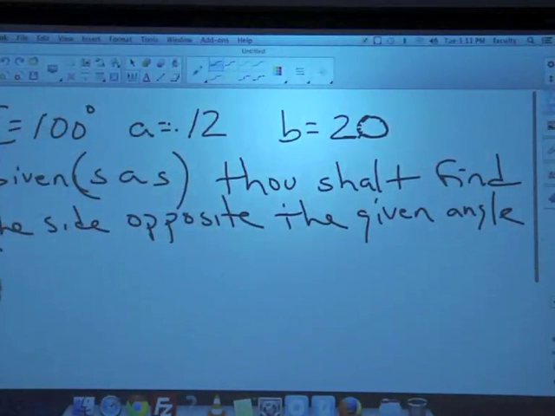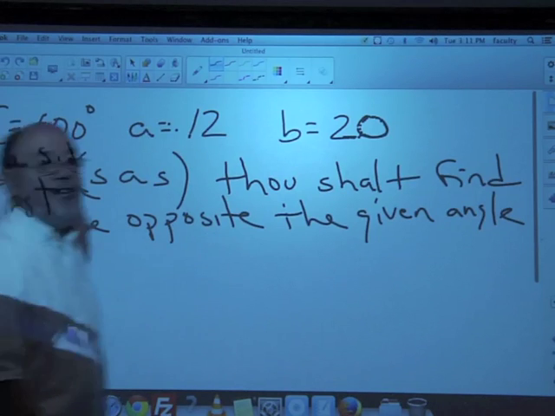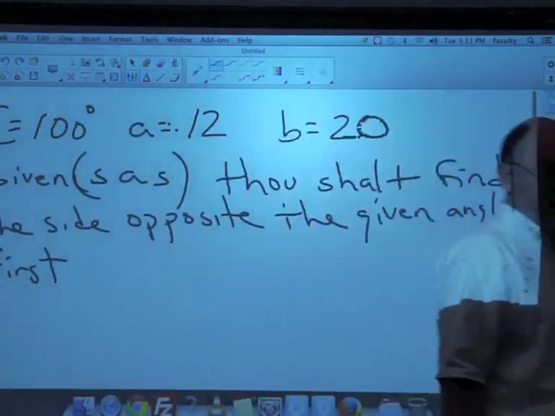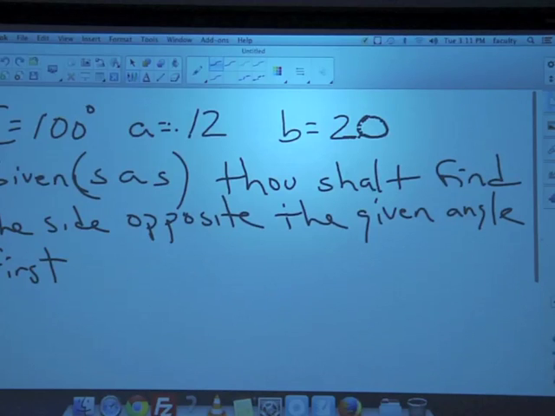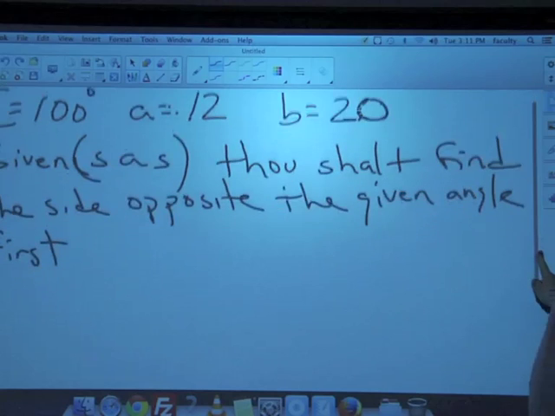Which means in this case, we're going to find side C first. So we're going to first find the side. So we're going to plug it in.